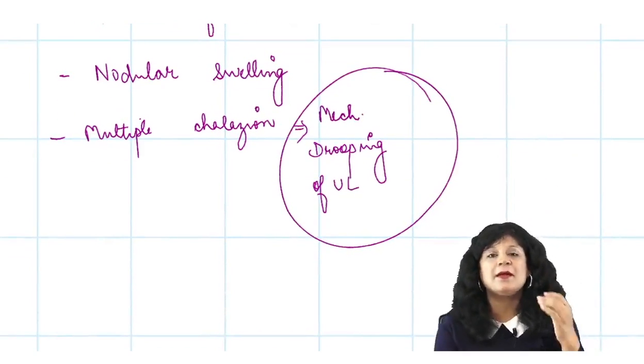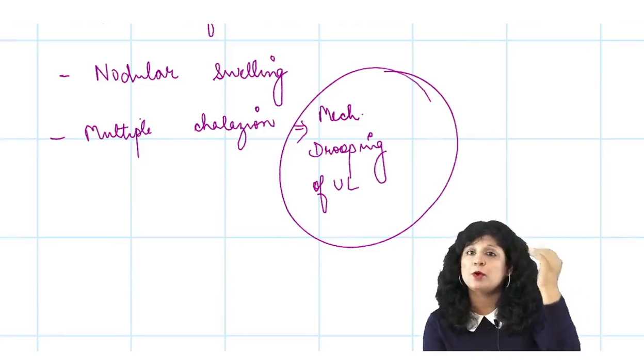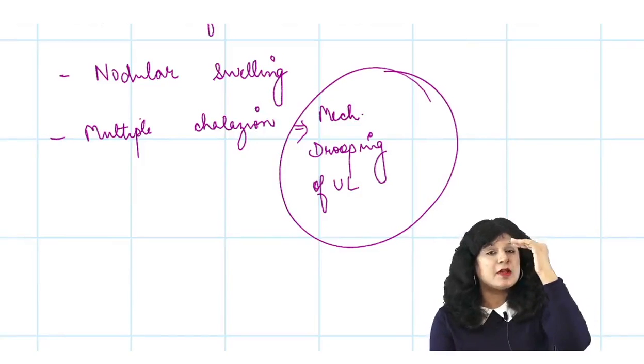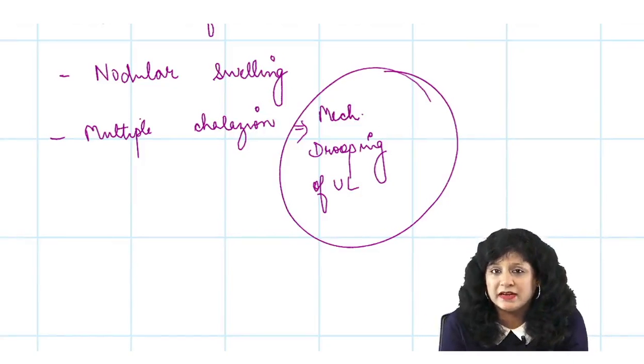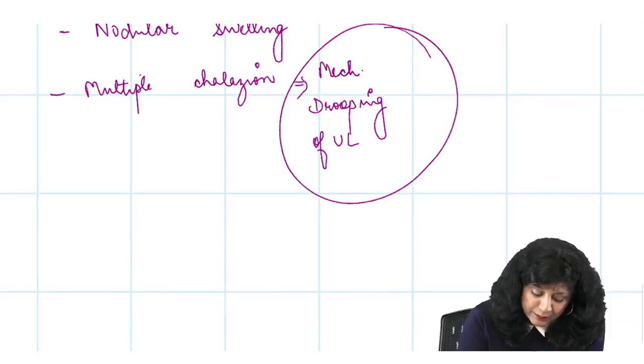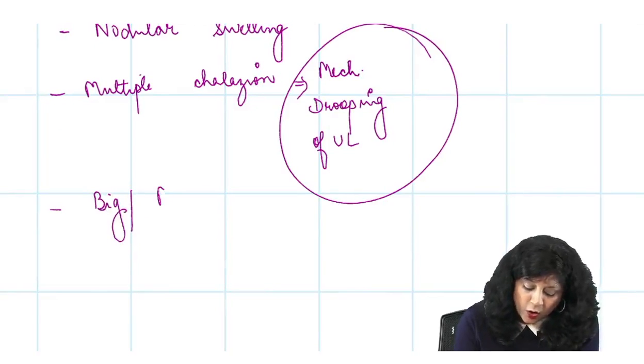So in a way, it can cause a problem with visual acuity, because it is causing drooping of the eyelid, so it can even cover the pupillary axis. And another important thing is, when I have a big chalazion or I have multiple chalazia.